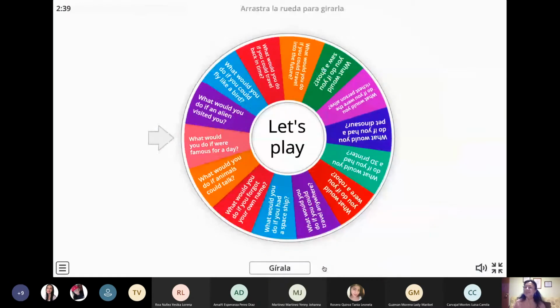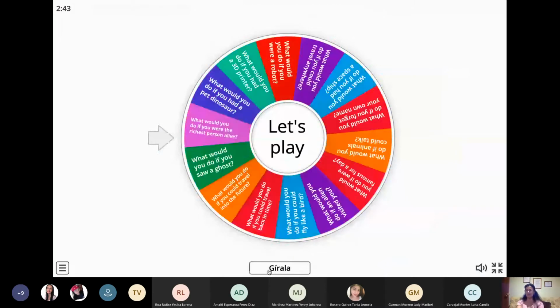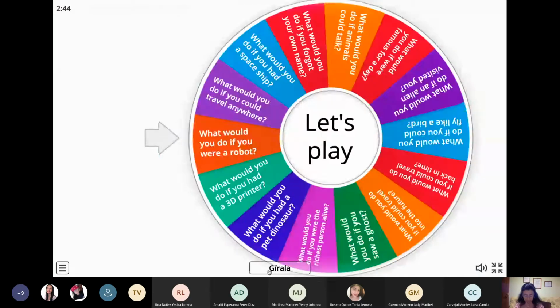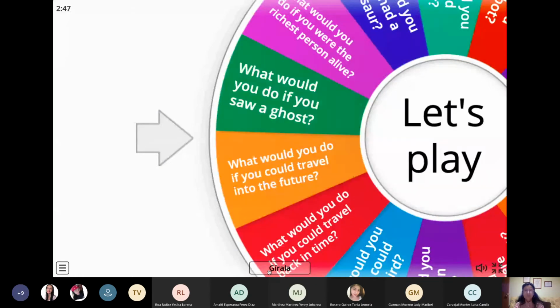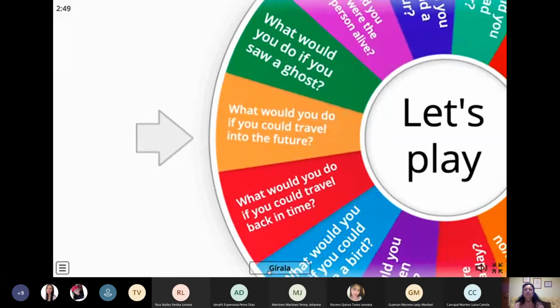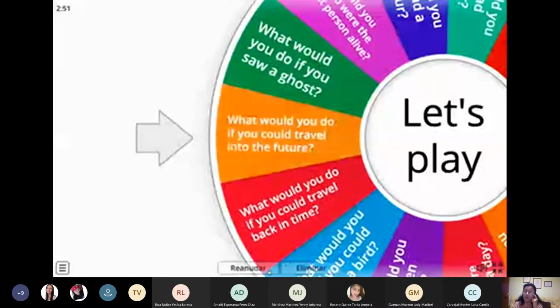Another question. Imaginary situations. What would you do if you could travel into the future? If you could travel into the future means si usted pudiera viajar al futuro.